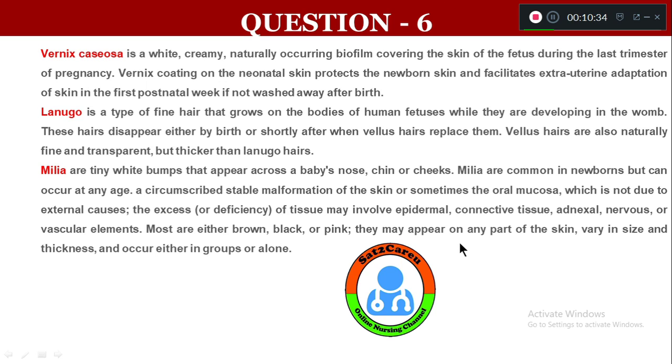They may appear on any part of the skin, vary in size and thickness, and can occur in a group or alone. But here the answer is the cheesy, white, creamy substance occurring naturally over the skin of the newborn, that is vernix caseosa, which is the right answer here.